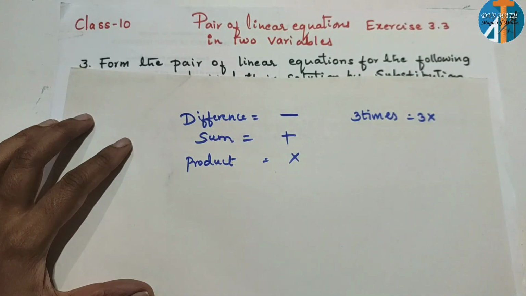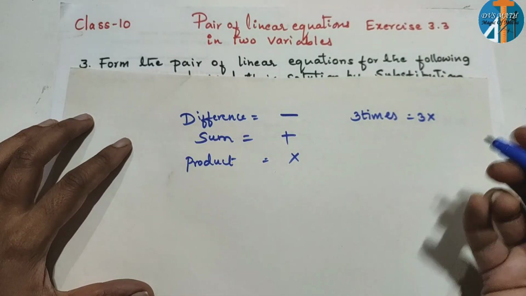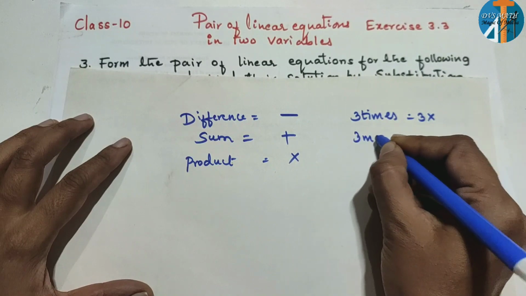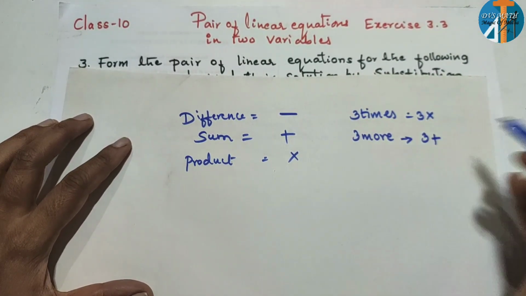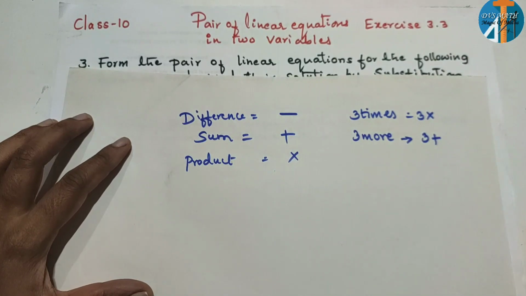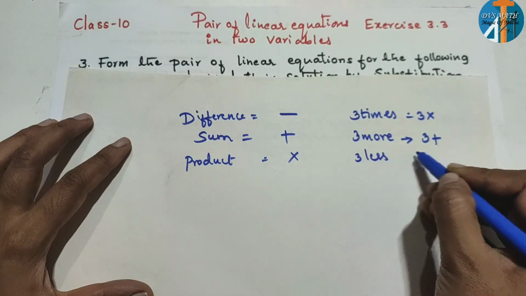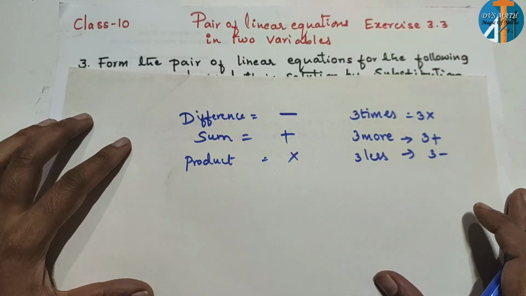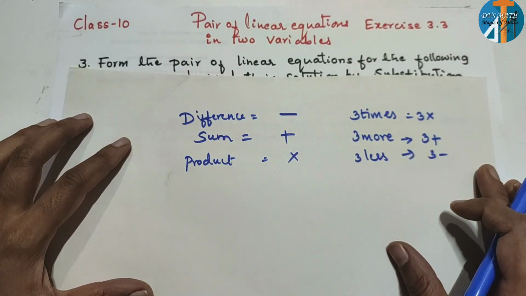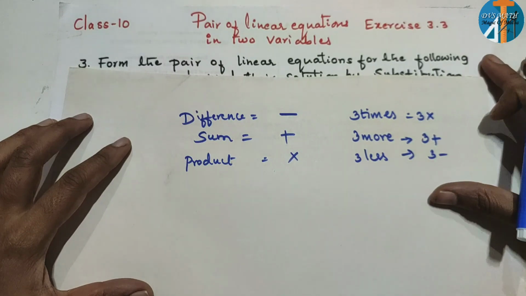And we have more: if it is 3 more, it is 3 plus. More means plus, right? Or if it is 3 less, it is 3 minus. So when you are solving, be careful. These are some keywords that you have to remember when solving the questions.